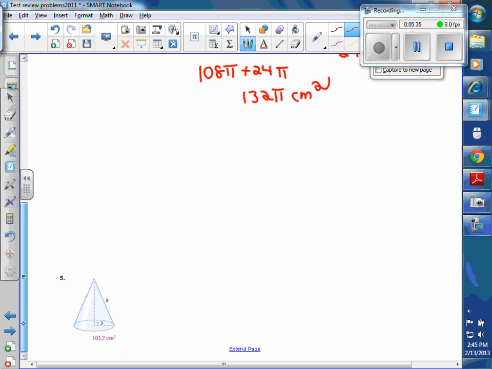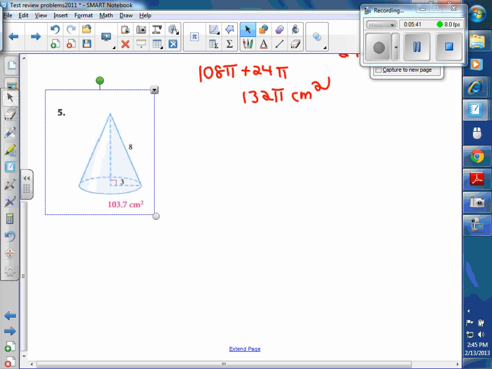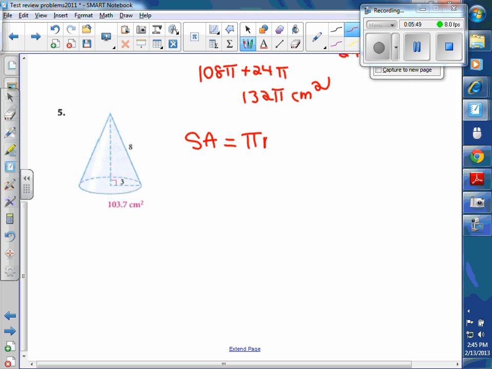So this one is just surface area: pi r squared is for the base, and pi r L is for the cone when you unwrap it. L is the slant height.